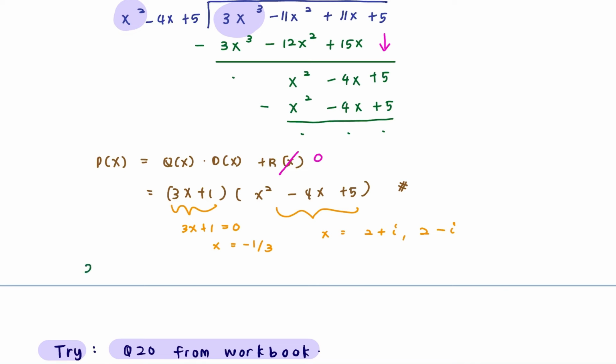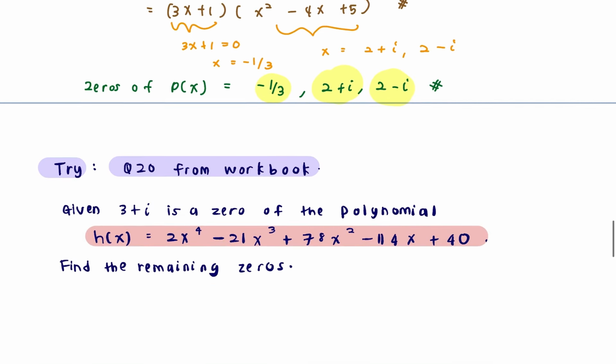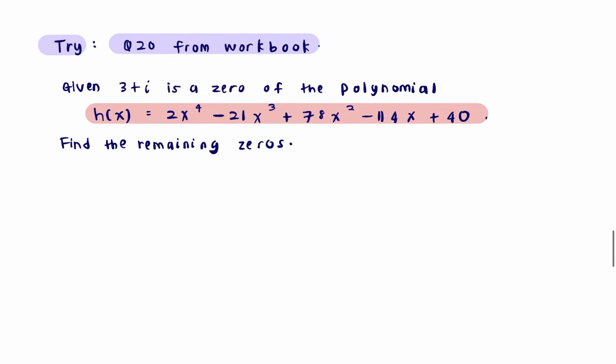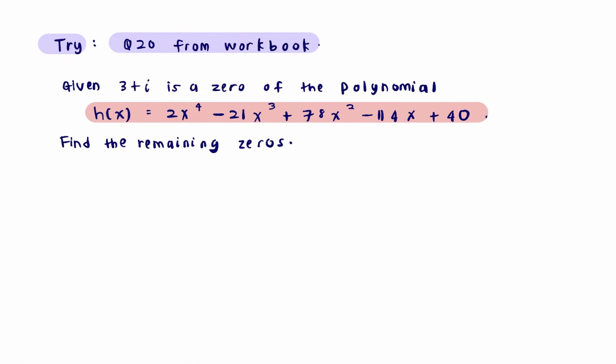If the question asks for the zeros, just state the zeros of P(x) will be negative 1 over 3, 2 plus i and 2 minus i. That is your last answer. Make sure the total number of zeros tallies with the highest degree of the given polynomial. Alright. You can try question number 20 from the workbook for your exercise.